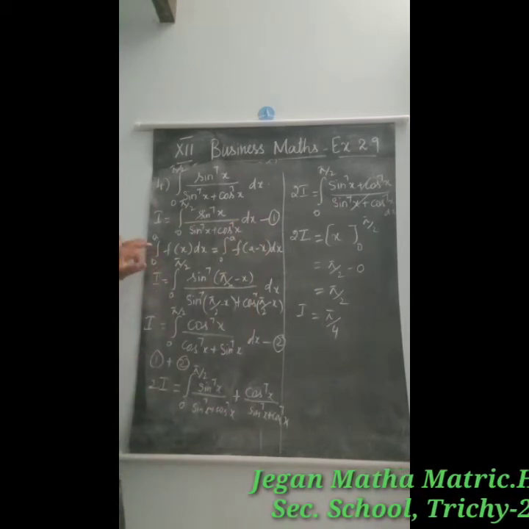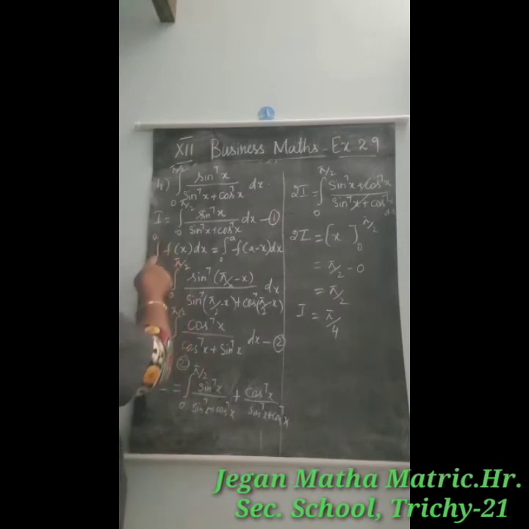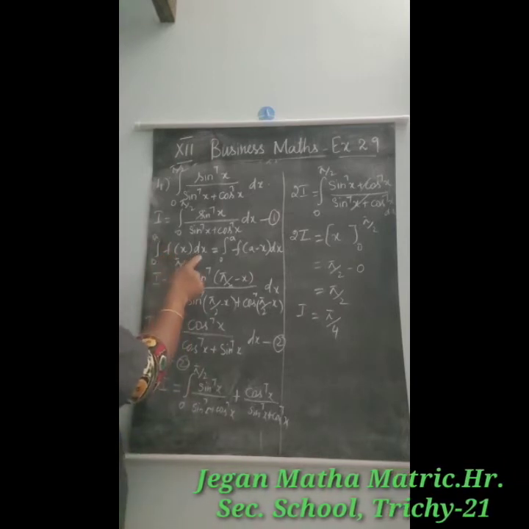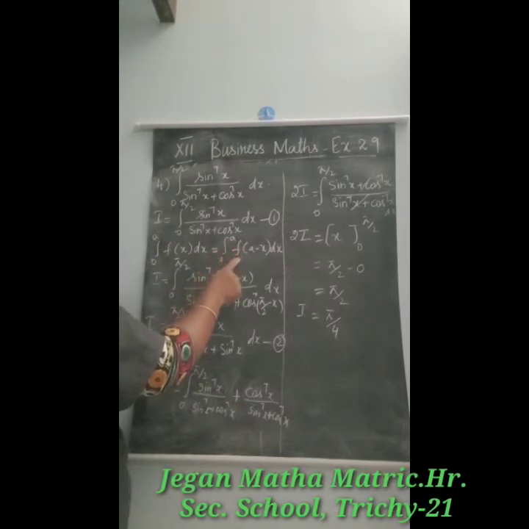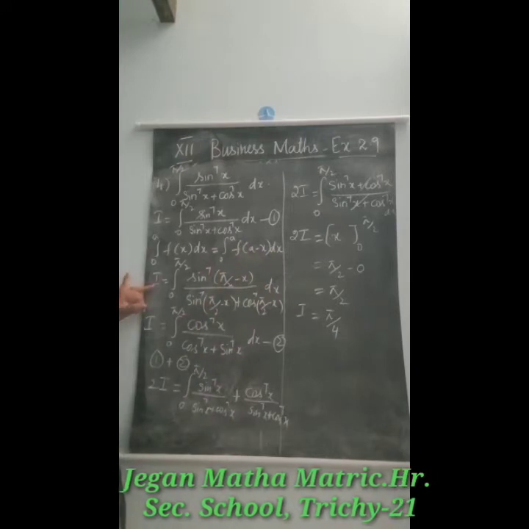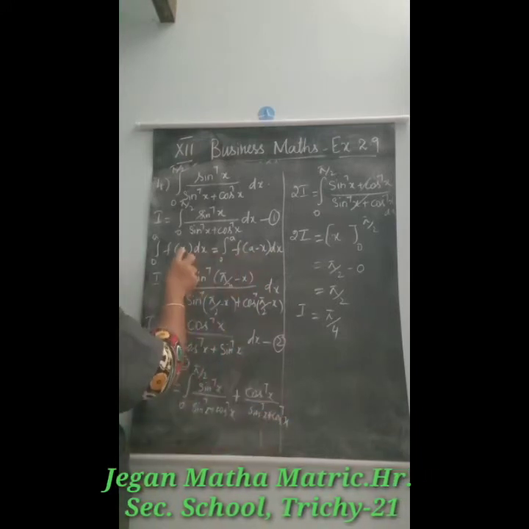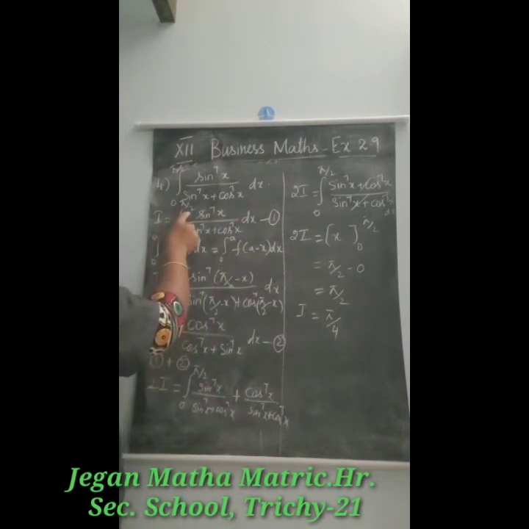And then we have to take another property for this sum: the integral of 0 to a of f of x dx is equal to the integral of 0 to a of f of (a minus x) dx. So for I, we take a minus x instead of x. What is a here? Pi by 2.